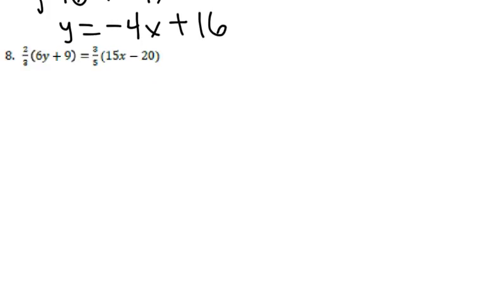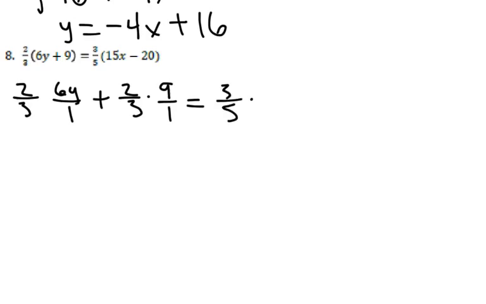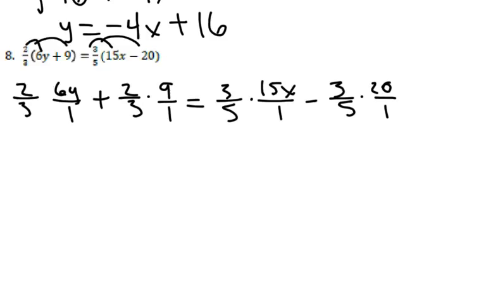Okay, now number 8 is a little trickier. We're going to have to do some multiplying here. So we've got 2/3 times 6y over 1 plus 2/3 times 9 over 1, since we're dealing with fractions, equals 3/5 times 15x over 1 minus 3/5 times 20 over 1. All I did was distribute it, but since we're dealing with fractions, I wrote it out. Now, if you know about canceling, that's the easiest thing to do.